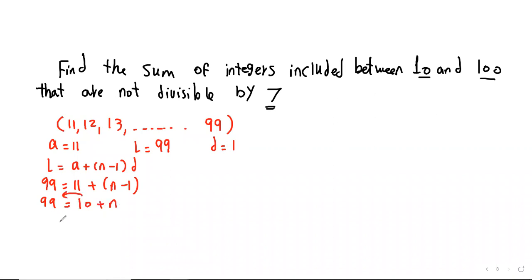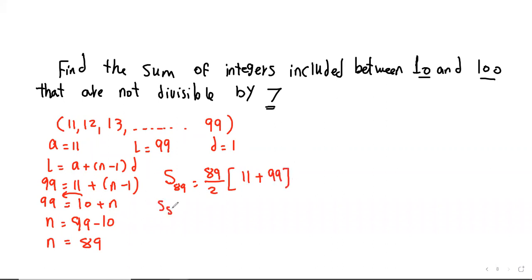Move 10 to the other side. So n equals 99 minus 10, it's 89. So Sn here is 89 over 2 multiplied by a plus l, 11 plus 99.